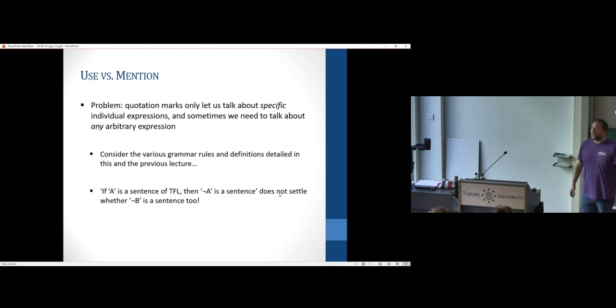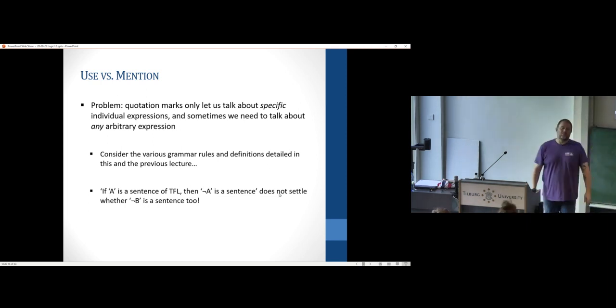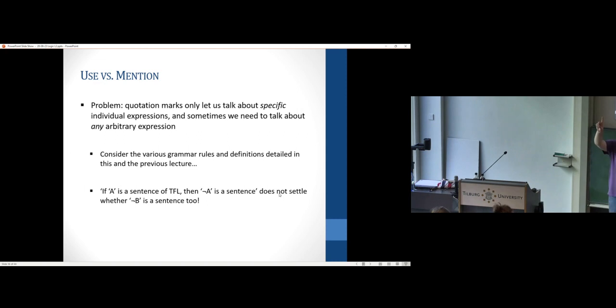But if I want to talk about every possible expression, or any arbitrary expression in a language, quotation marks aren't going to do it. Put really bluntly, I could say something like, hey, if A is a sentence of TFL, then negation A is a sentence of TFL. Cool. What about negation B?